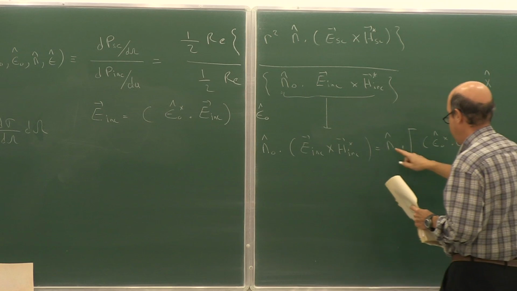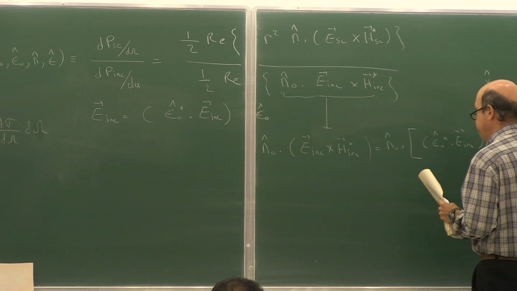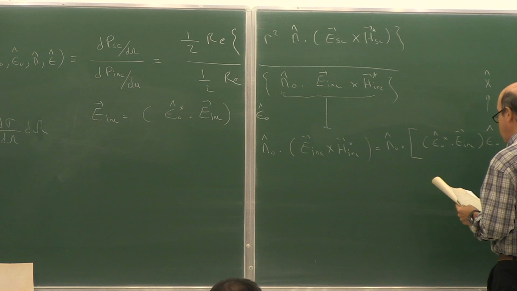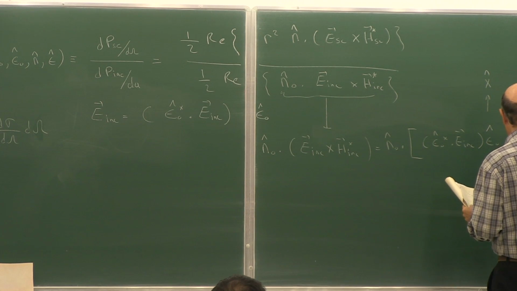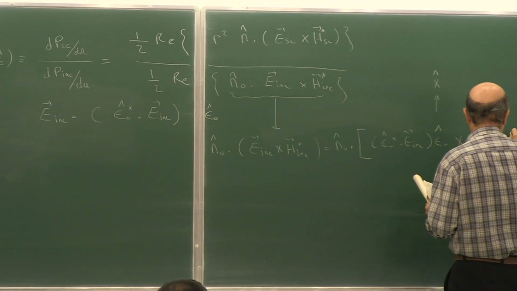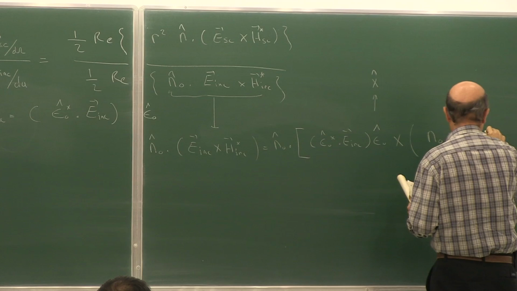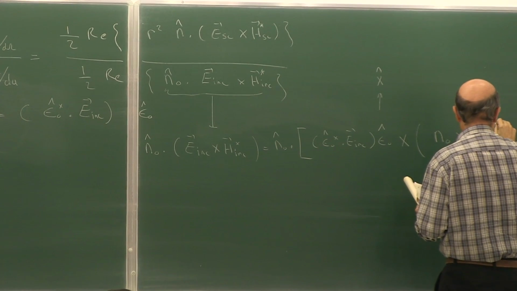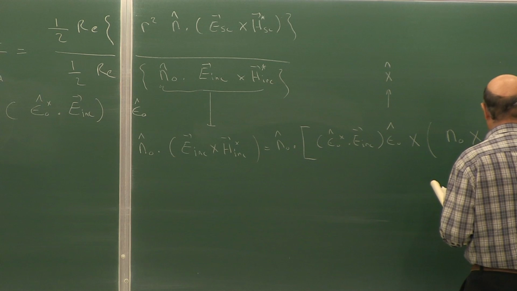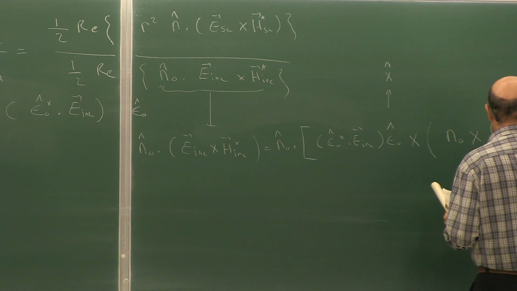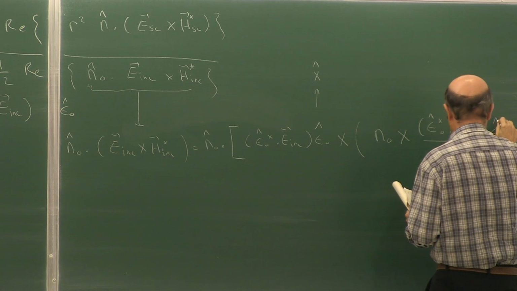So we have N0 here, dot product E incident, cross product H complex conjugate, that is nothing but N0 cross E incident, initial polarization along E incident, divided by Z0, along E0.